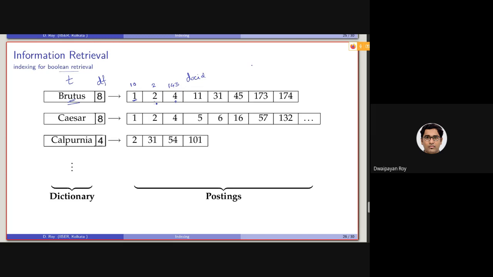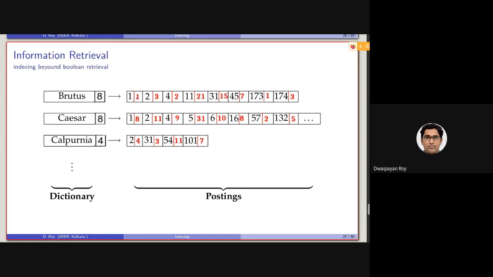Now, I guess you can understand how to overcome this situation. Together with the doc ID, we will be storing the count, the term frequency, with which the individual term occurs in the document. For example, Brutus is present in doc ID 1 with term frequency 1.